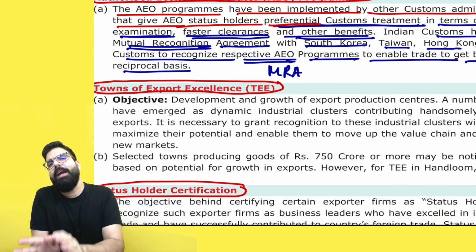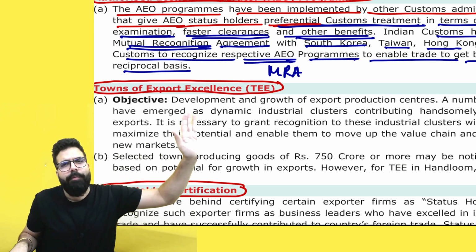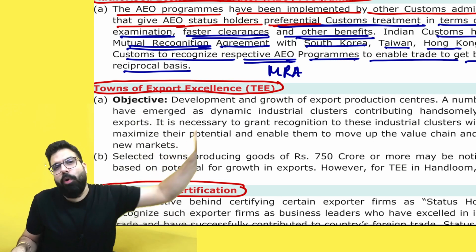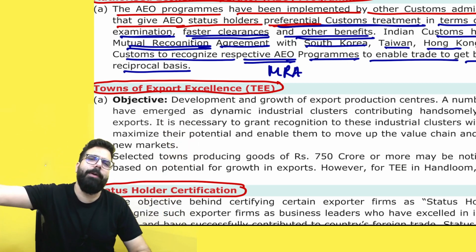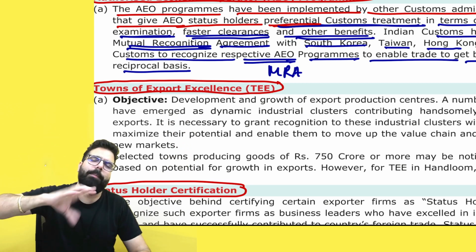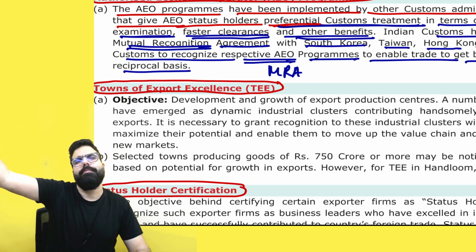Now, if they are exporting something or any benefit is required under the Authorized Economic Operator program in South Korea, whoever is an Authorized Economic Operator in South Korea will get some benefits in India, and our Authorized Economic Operators who are enrolled under the AEO programs will get benefit in the respective country.